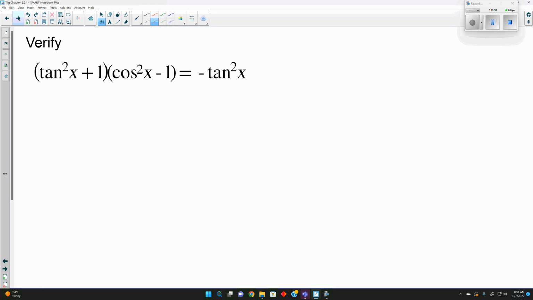We want to verify that tangent squared plus 1 times cosine squared minus 1 is equal to negative tangent squared. Where do y'all want to start? So if y'all were looking at this, where would you guys start?